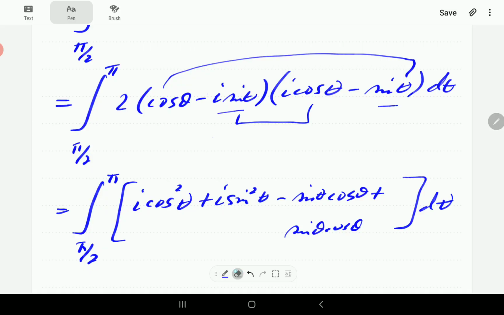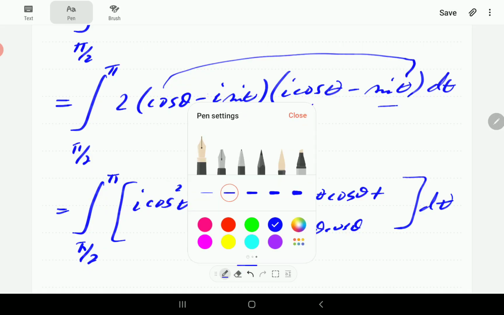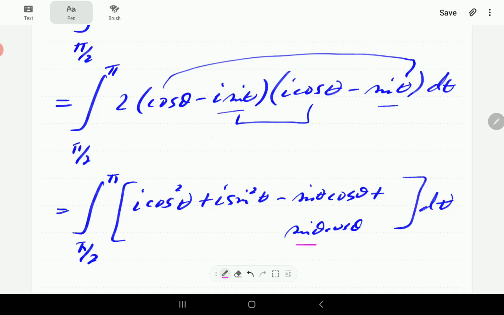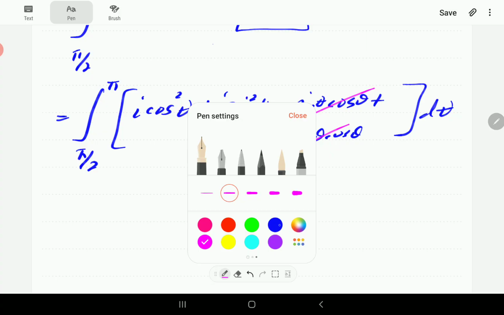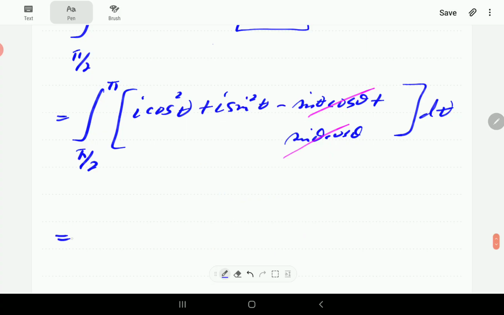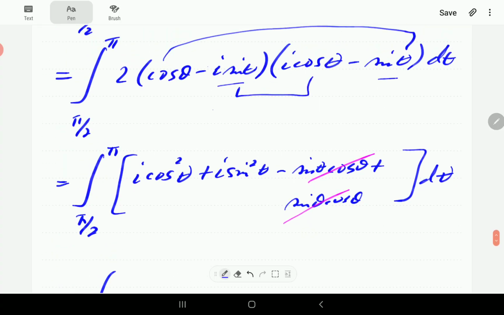You can see that these terms are cancelling out, and these ones have got i common. Oh, there's a 2 that we have missed.